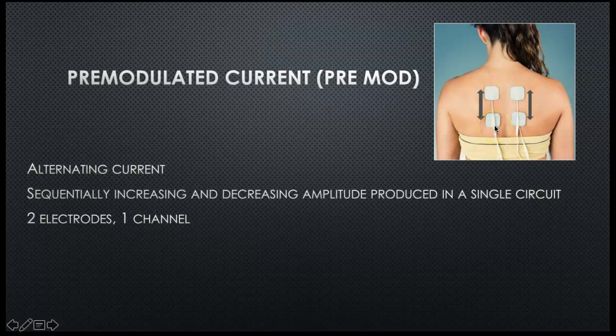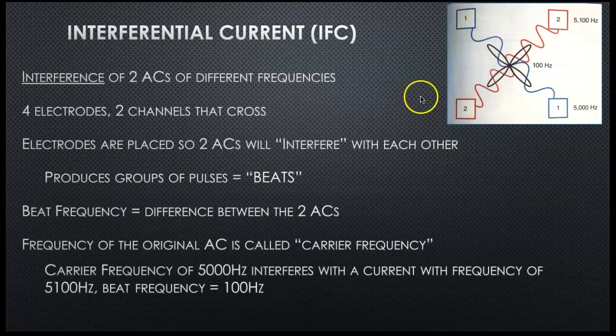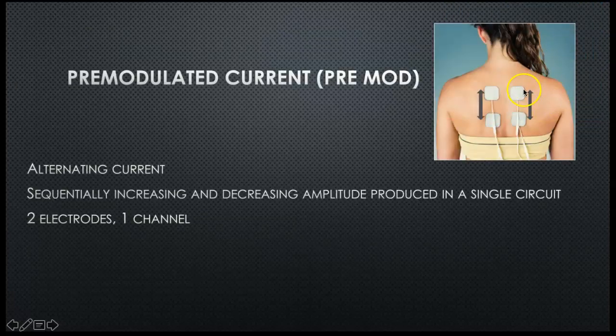You can set up more than 1 channel of premod on somebody, but they're not talking to each other or crisscrossing like in interferential. I want to make that point. See how this one is in an X? In premod, channel 1 is over here, and totally independent of it is channel 2, just going up and down.